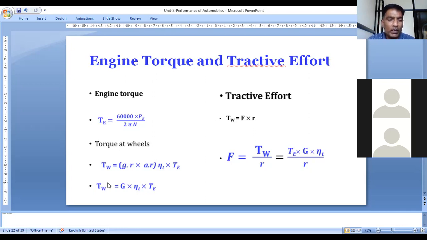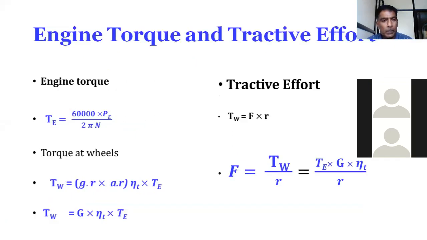So this TW indicates torque available at the disc. So this TW is equal to GR into AR into eta T into engine torque.